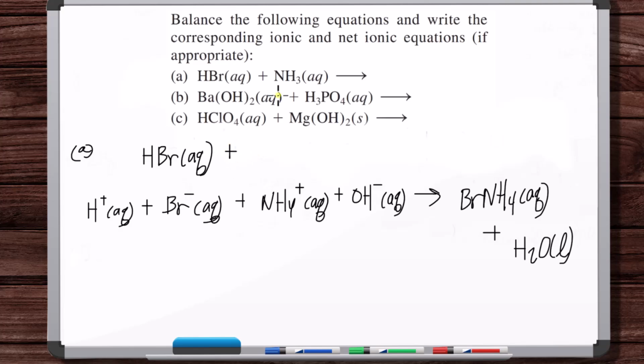Now, how we're going to represent the NH3 in this case, well, we're going to use this sort of alternate representation, the NH4OH, but this is the molecular equation, so we write this as a full compound.